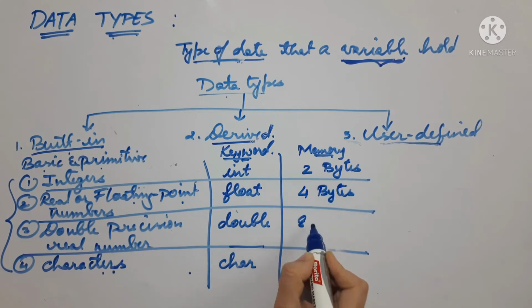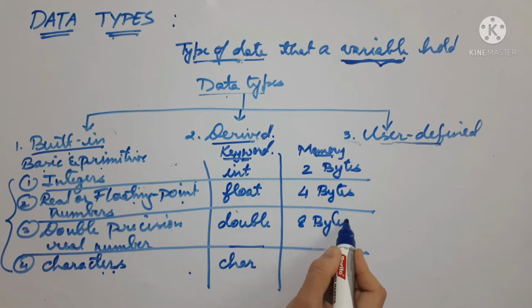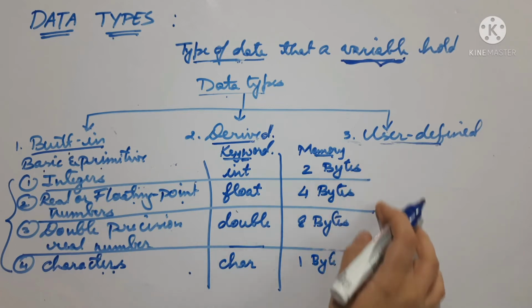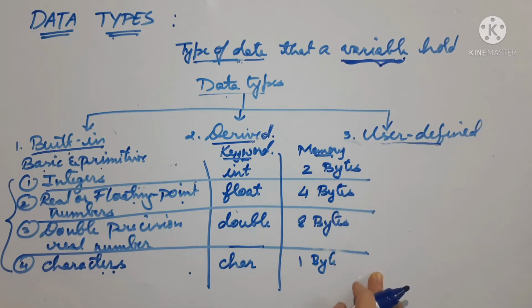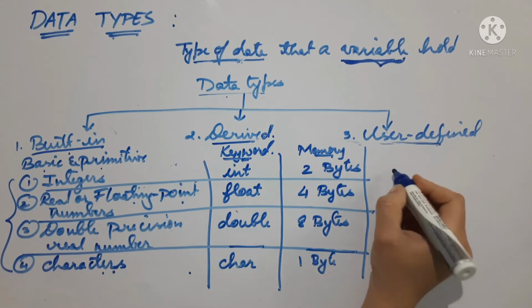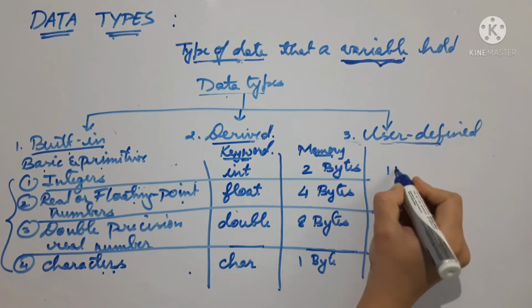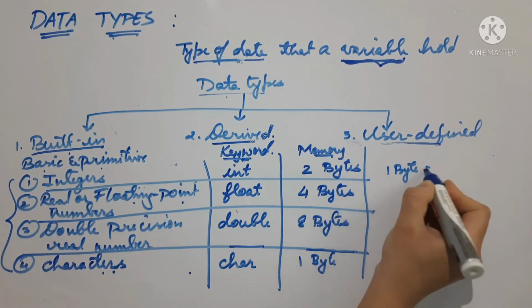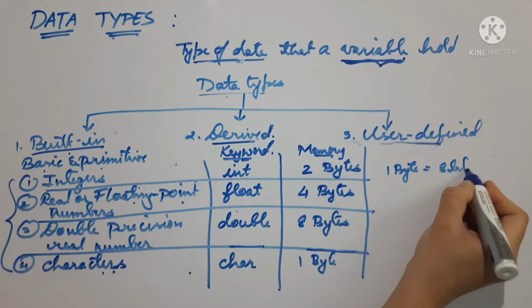Double values take 8 bytes. And the smallest is taken by characters. It just consumes 1 byte. So this is the space taken by different data types. I hope you know about bytes, but anyhow let me explain what a byte is. 1 byte is equal to 8 bits.